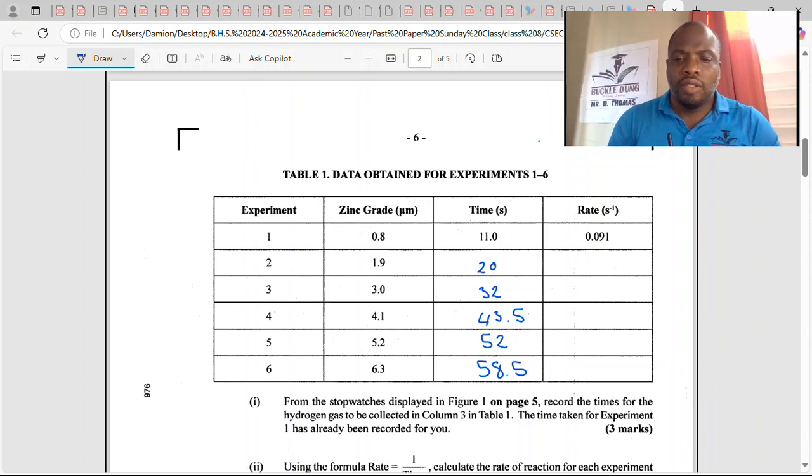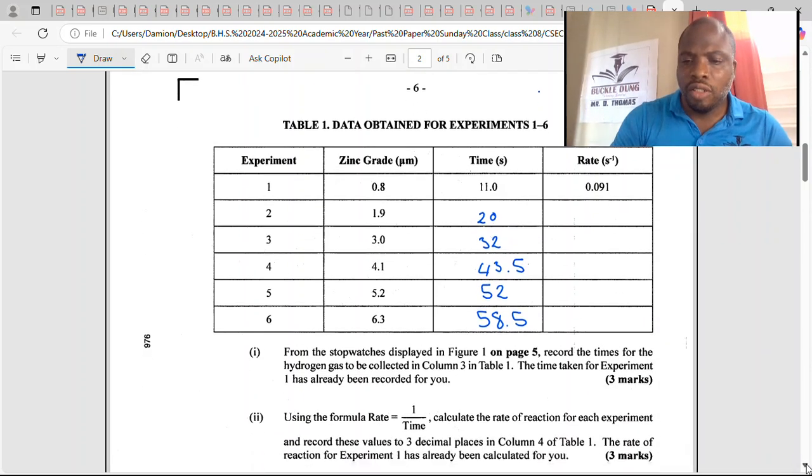All right, so this one is worth so many marks as the previous one. It says, from the stopwatches displayed in figure 1, and it's very important, on page 5, record the times for the hydrogen gas to be collected in column 3 in table 1. The time taken for experiment 1 has already been recorded for you.